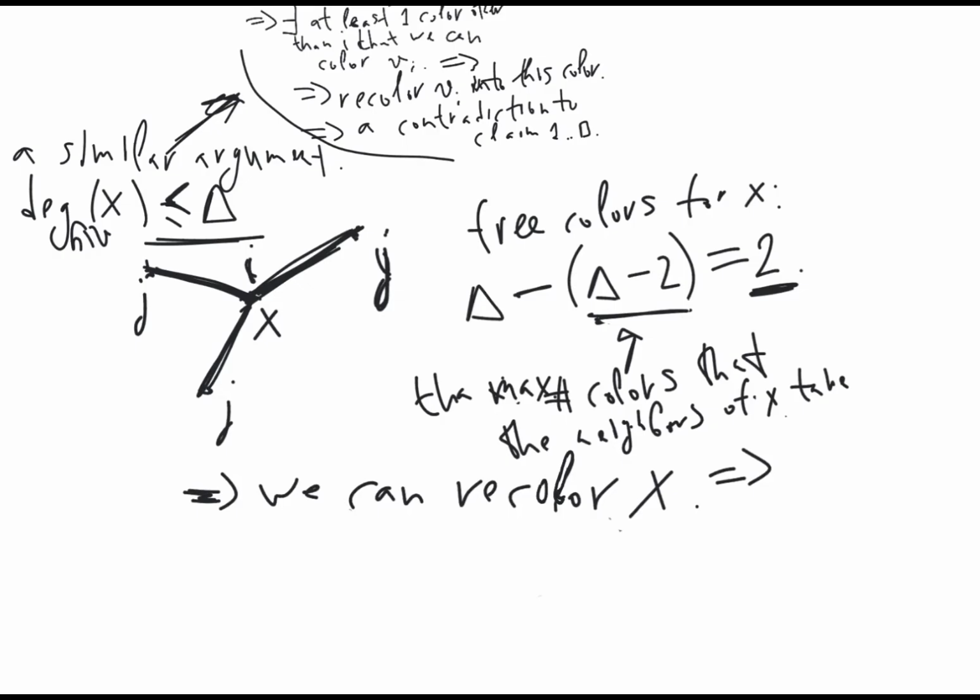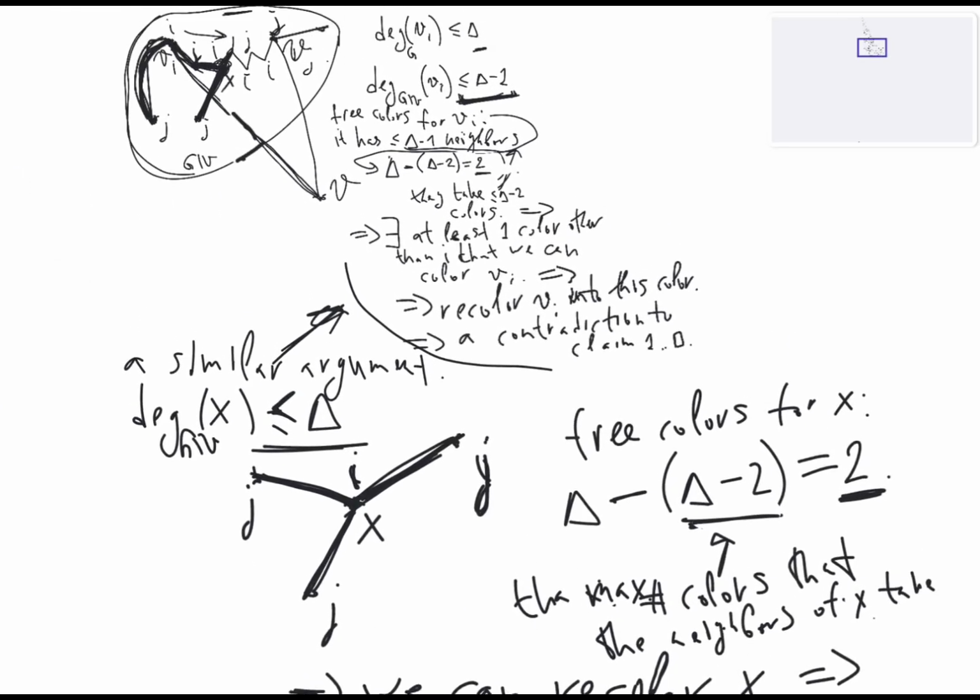Okay, so let's continue the proof. Here we don't yet have a contradiction. In addition to what we already did, we need to make an additional adjustment in the proof.